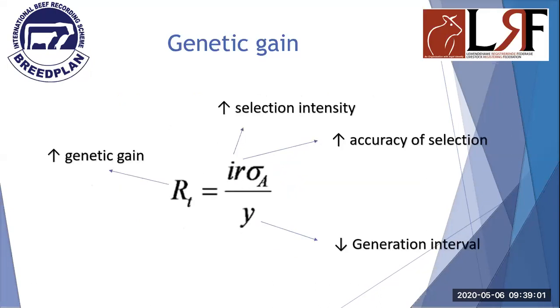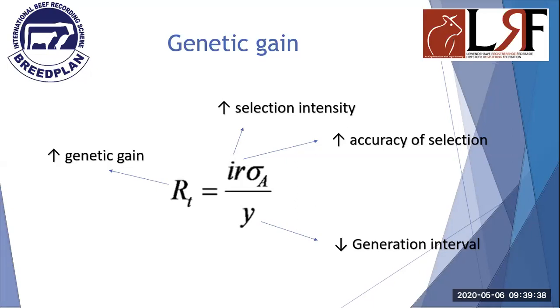Okay, so what is important is we want to increase genetic gain, so we need to increase the selection intensity. So if we refer back to the percentile bands that we spoke about in a few courses ago, you have the animals that are in the top 10% or the top 20% or the bottom 10 or 20%, and then you have your average at 50%.